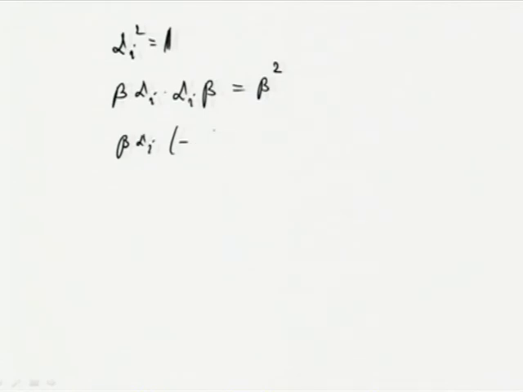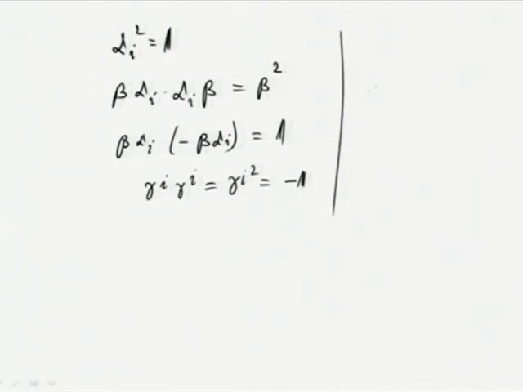So I have beta alpha_i with a minus sign equal to 1, which is basically gamma^i square equal to minus 1 because of the minus sign here, and beta square is obviously equal to 1. So gamma^0 square is equal to plus 1, and gamma^i square is equal to minus 1.